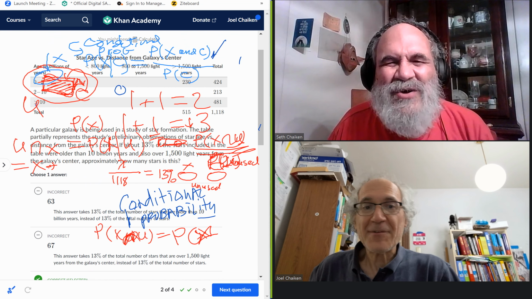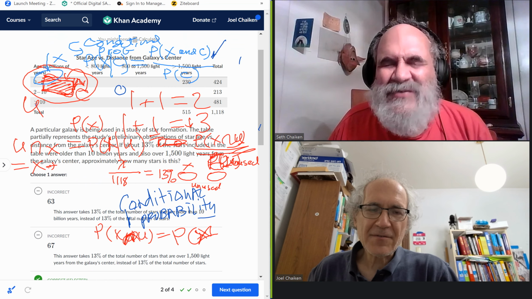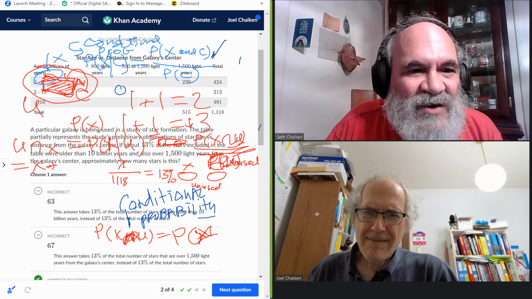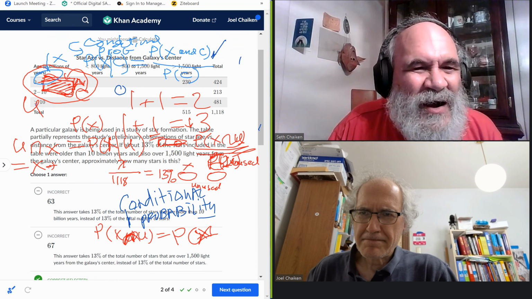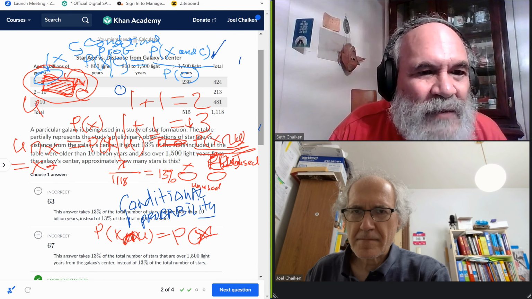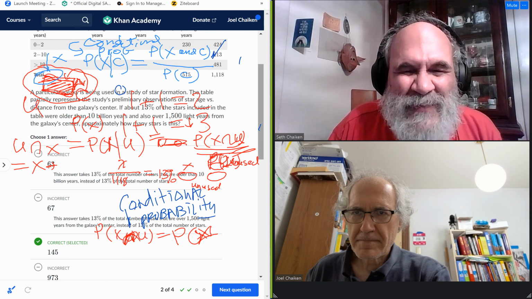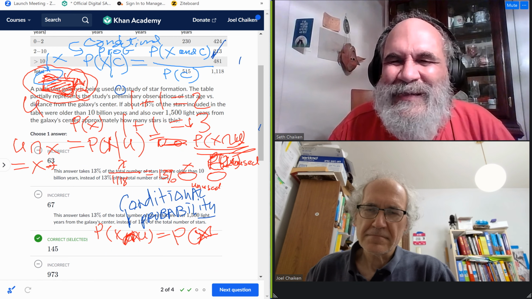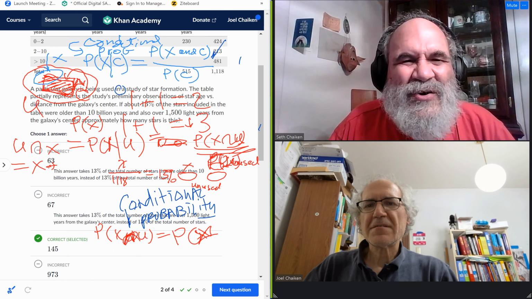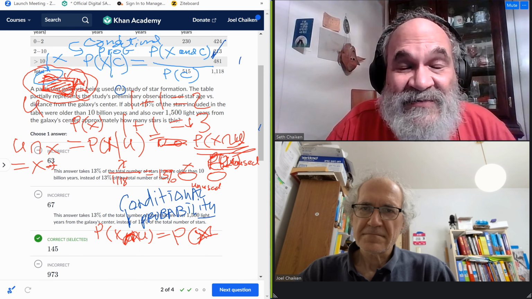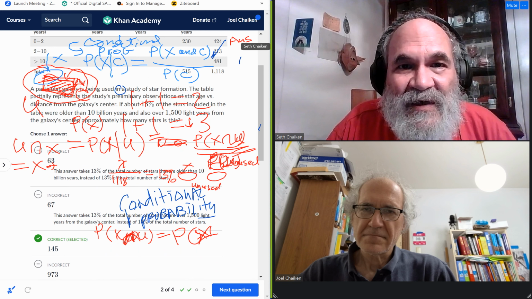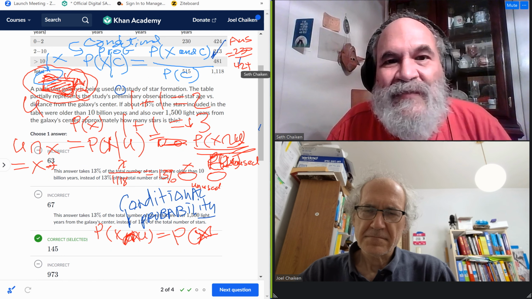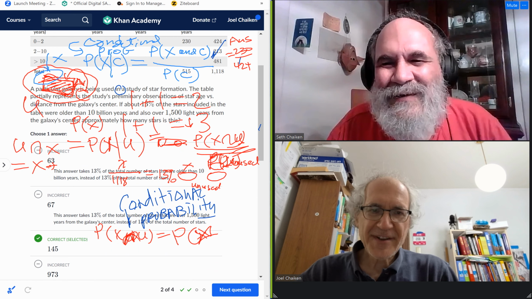We can ask a different question: among the young stars, the ones between 0 and 2 billion years old, what fraction are far, far away? The answer equals 230 divided by 424. That would be conditional probability.